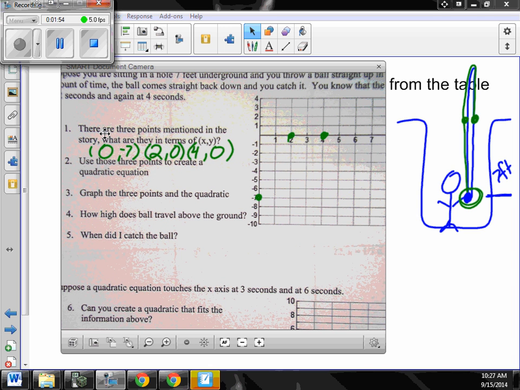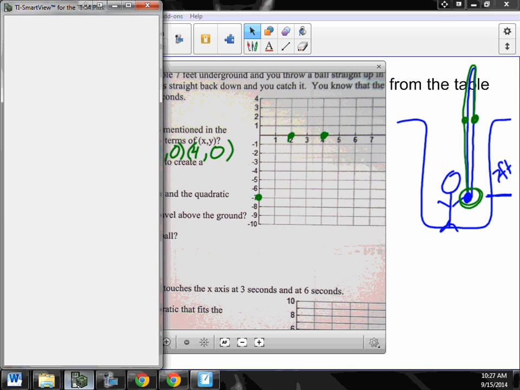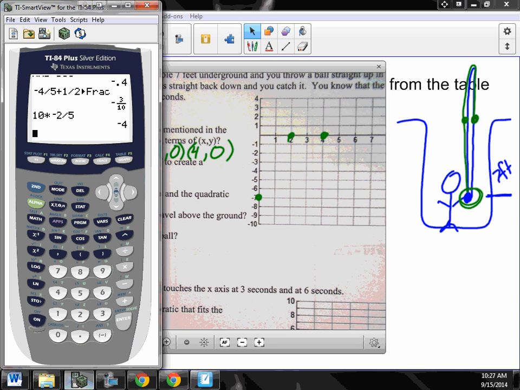So pull out your calculators. Let me show you again how to find the equation if you know 3 points. So everybody push stat. Okay, does anybody have an 82 or an 85 or an 86? Okay, good. So stat and then push edit.